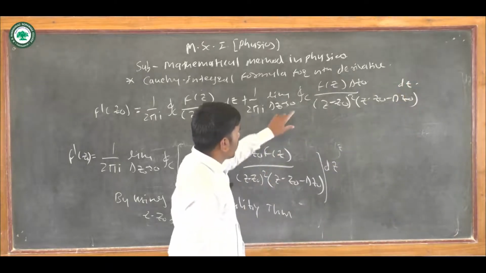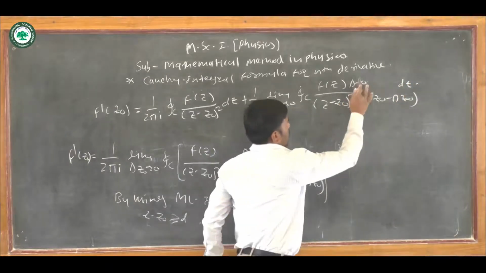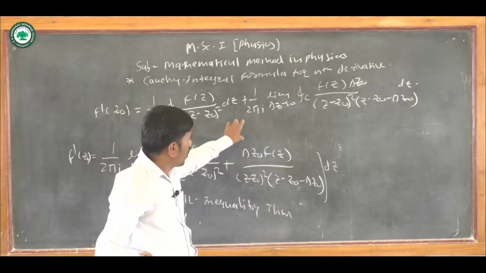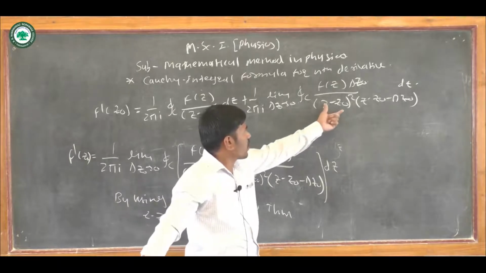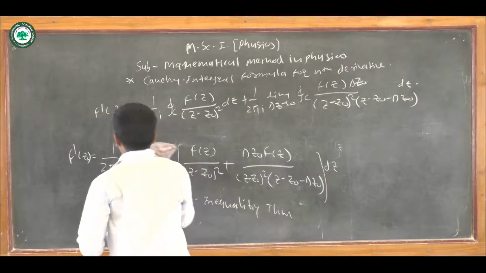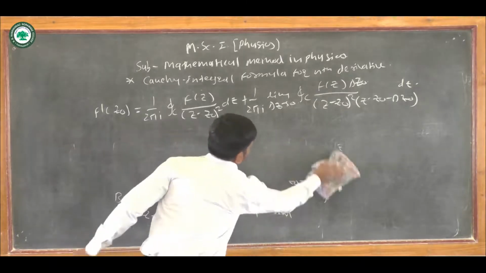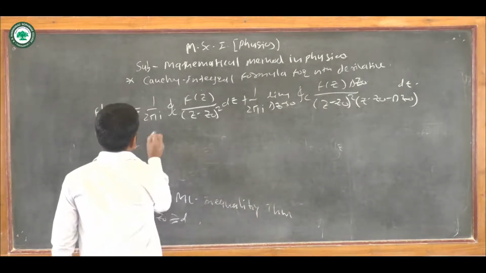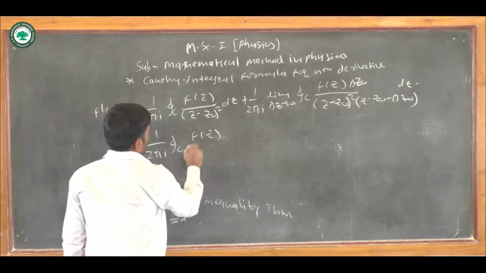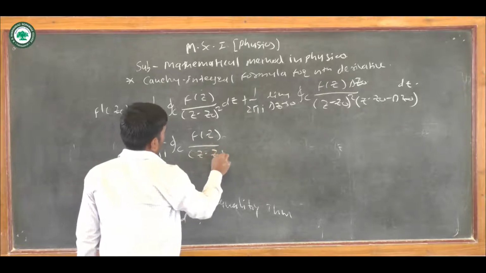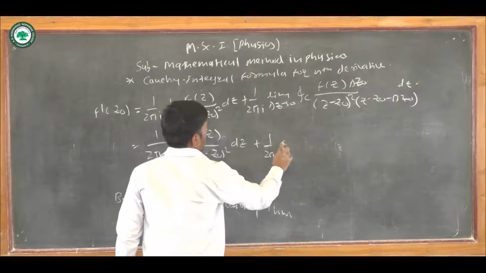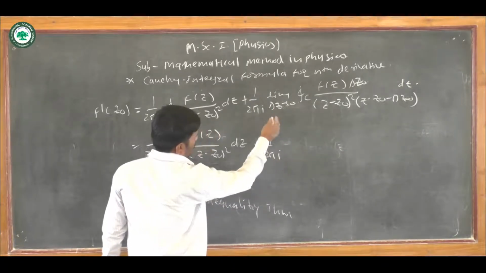Okay, so this is delta z naught. Now if this z minus z naught is very small, for these expressions we can write 1 by 2 pi i closed integral of f of z over (z minus z naught) whole square dz plus the second term.